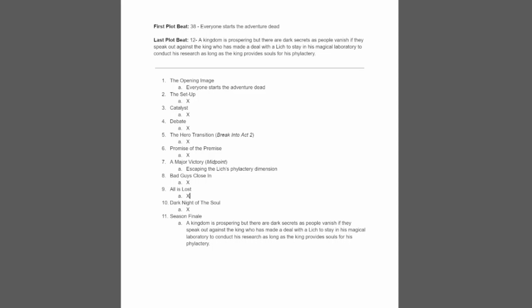So their major victory, they escape the Lich's phylactery dimension. What do they do from here? The bad guys close in, so they're probably on the run from the Lich and are trying to seek safety, let's say. Right?